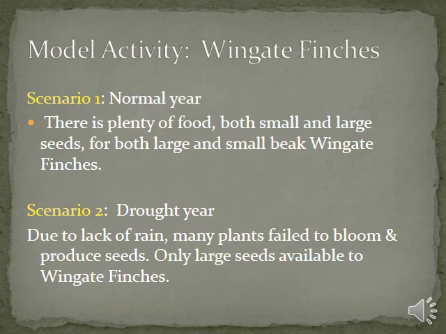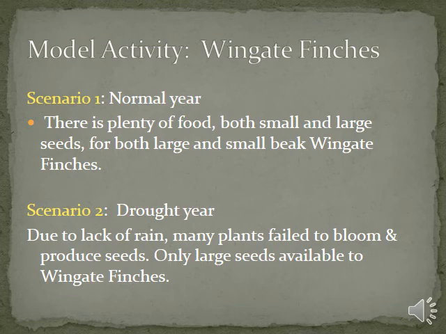Today we're going to be talking about the model activity, or what we call Wingate finches. We're looking at two different scenarios, and this is the second part of the laboratory that you'll be looking at on Canvas. We're modeling what occurs during a normal year in scenario one, and in scenario two, what happens during a drought year. Suppose during a normal year, on this one island, there's plenty of food.